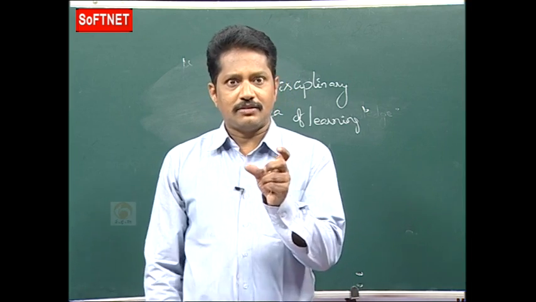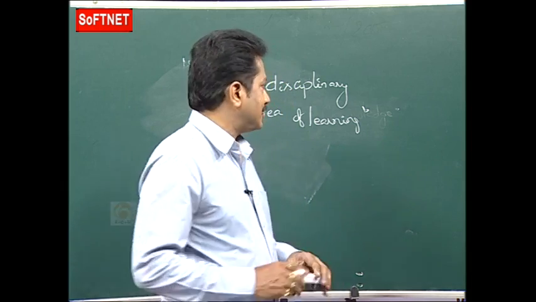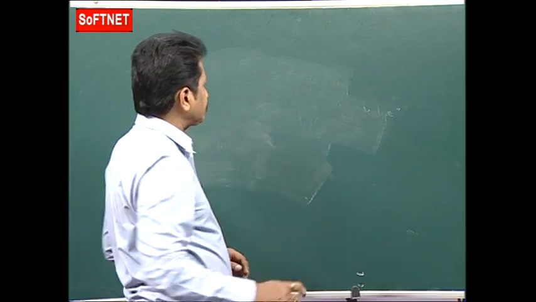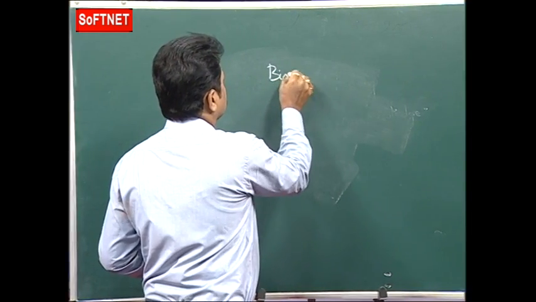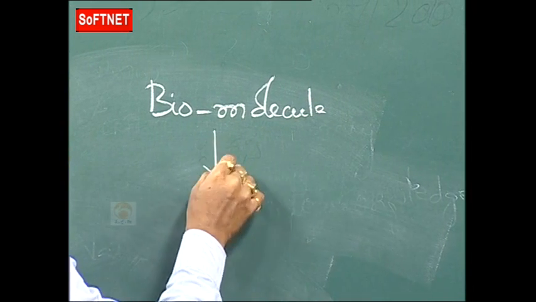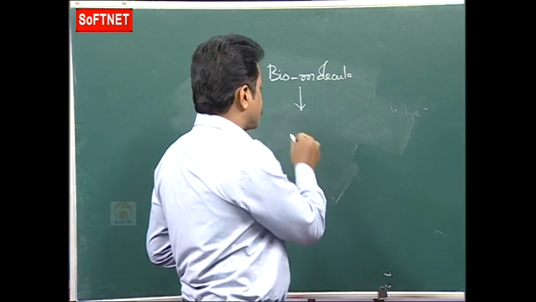So see, you started the syllabus of a concept as biomolecules. Now I will write it. So biomolecules is concerned with the concepts you are going to learn about, such as carbohydrates.